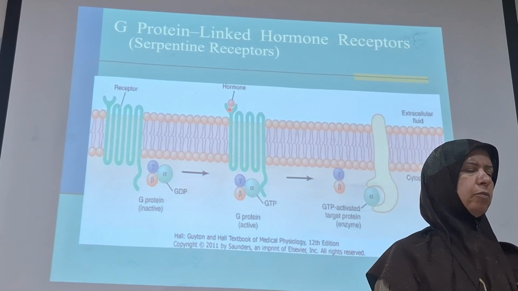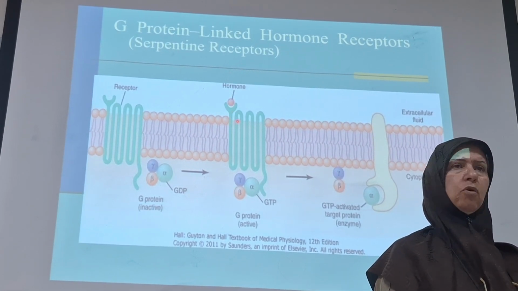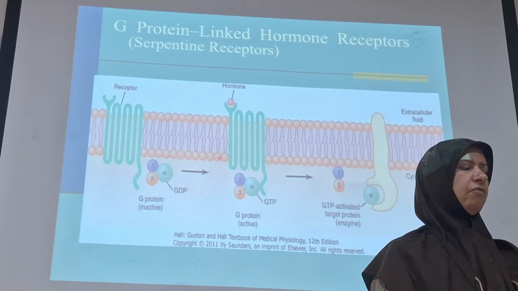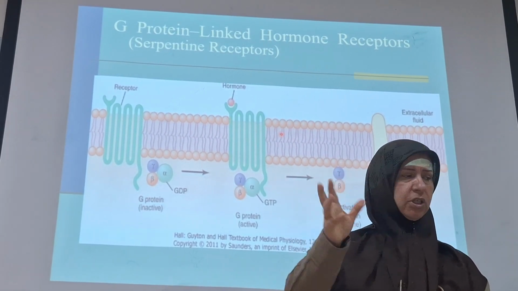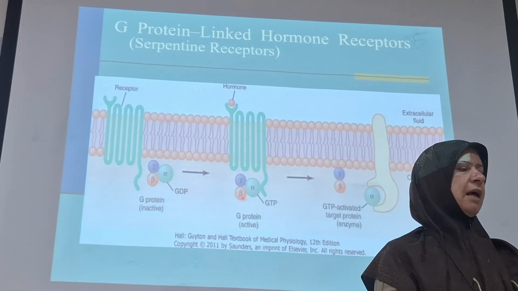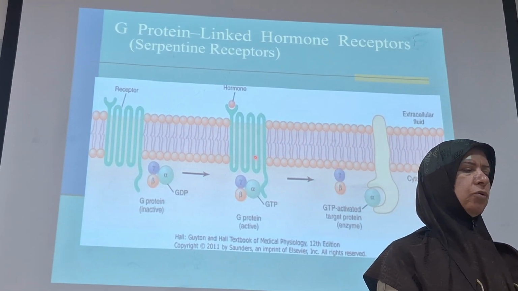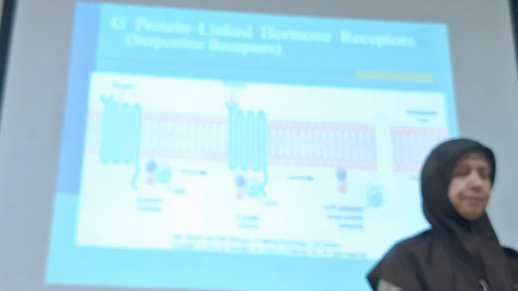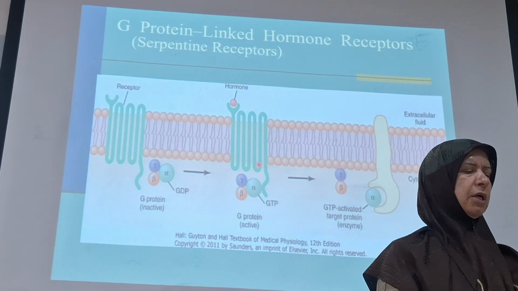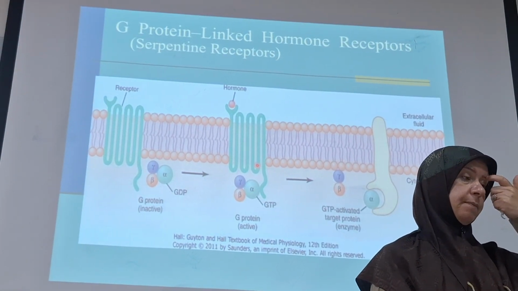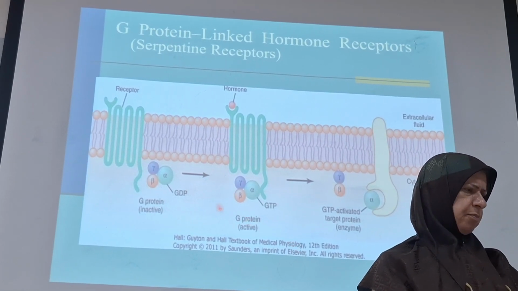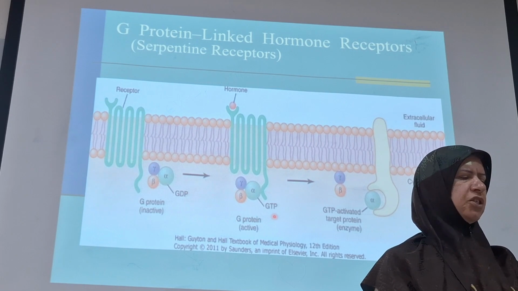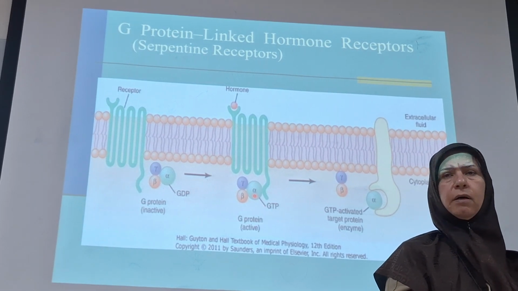After the hormone binds to the receptor, the conformation of the receptor changes, and the G protein binds to the inside of the receptor. GDP dissociates, and GTP binds to alpha.